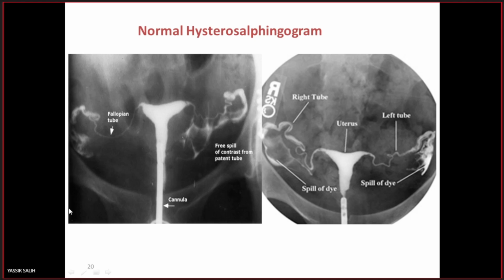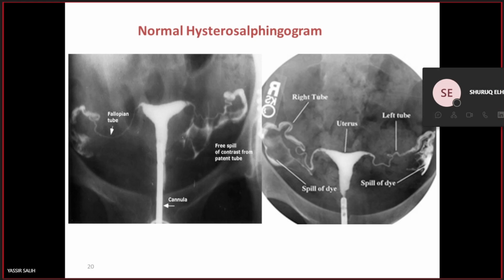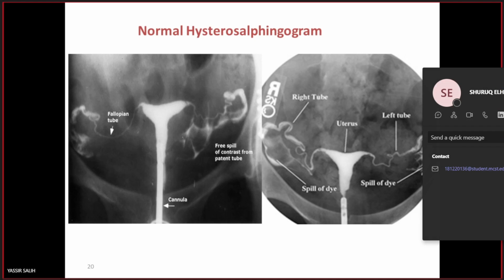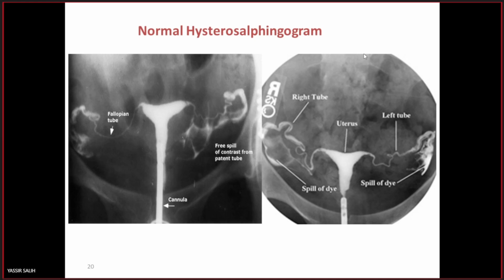What is this? This is the uterus and fallopian tube. Right. This is a cannula or catheter which you put in the external uterine os.